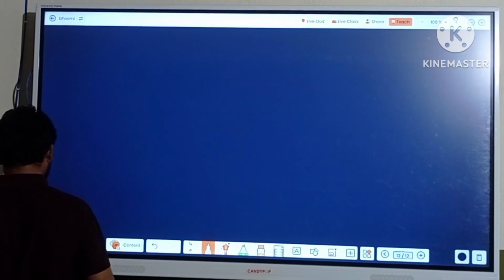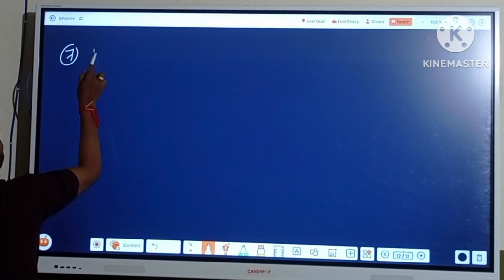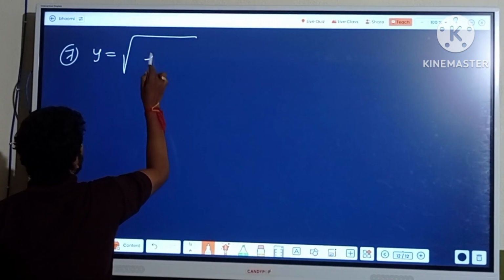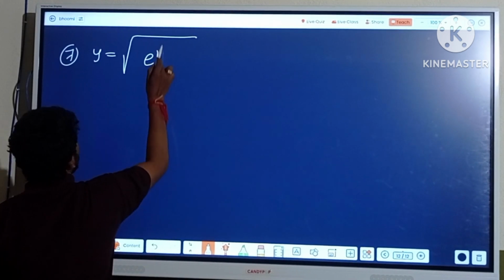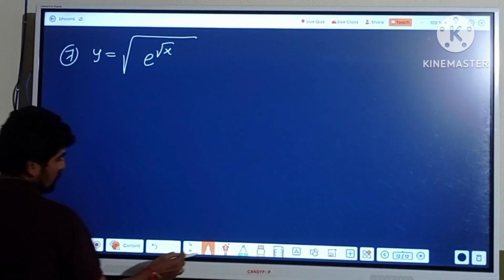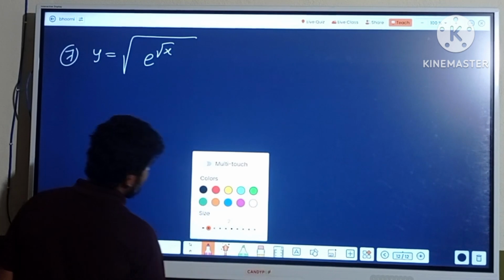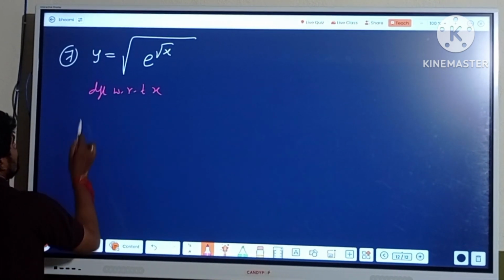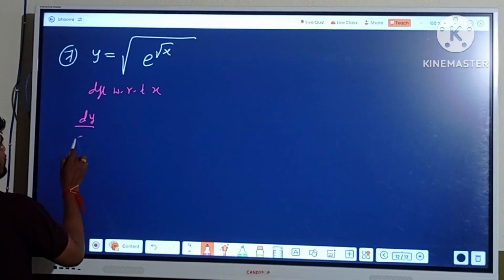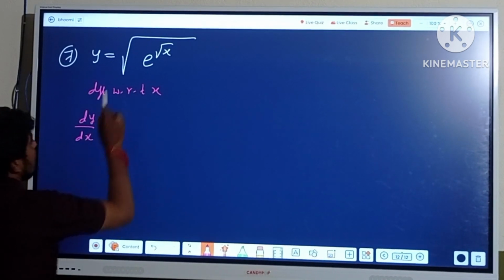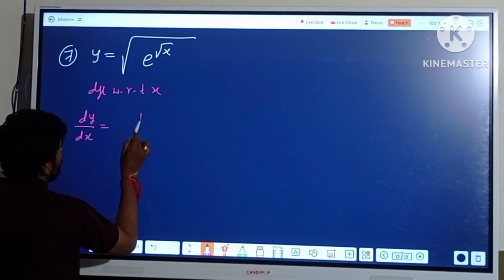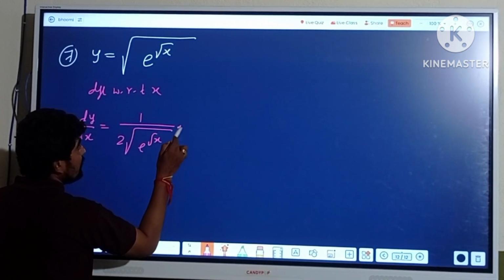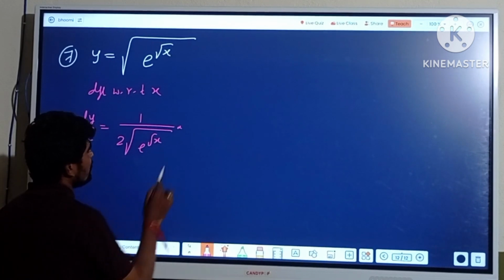find dy by dx for the function y equals square root of e power square root of x. So, to find dy by dx, differentiate this with respect to x. The derivative of y with respect to x, dy by dx, equals the derivative of square root of something, which is 1 divided by 2 into square root of something into the derivative of something.